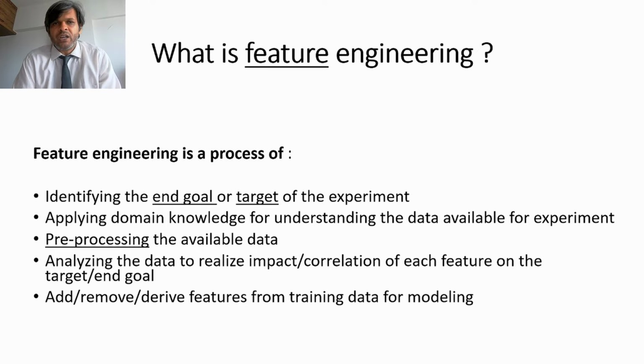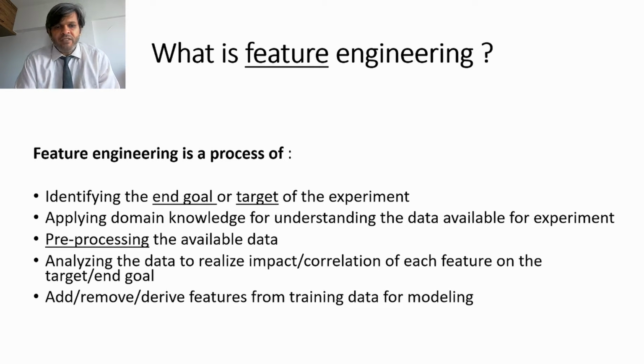So we need to take a look at all the data available for our experiment and do a set of pre-processing so that we can build a model which can achieve the goal we are targeting. We also need to analyze the data to realize the impact and correlation of each feature on the target end goal, and which features are correlated to our end goal.